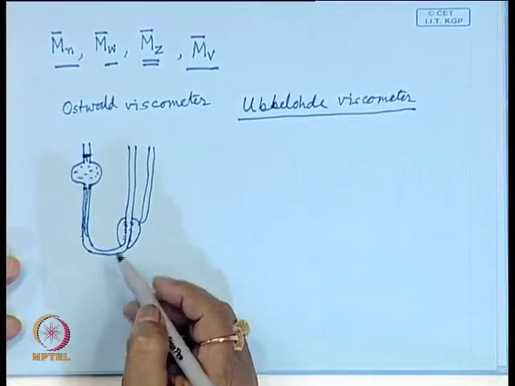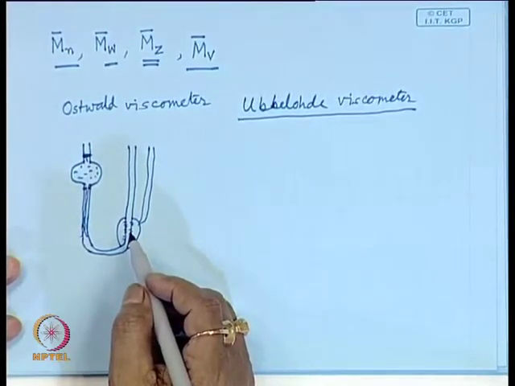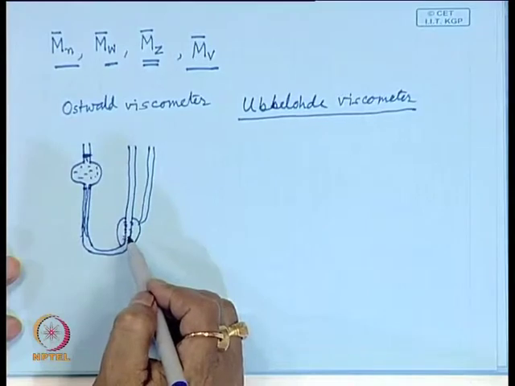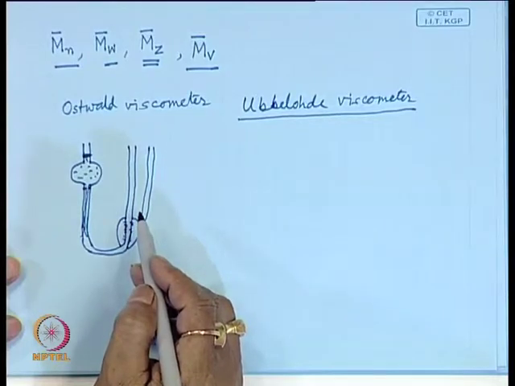There, if you want to measure the viscosity of a solution of varying concentration, if you start with a higher concentration, then you can introduce a calculated quantity of solvent inside the bulb, so that you can go for higher dilution and you will have other, more dilute concentrations from the first one.